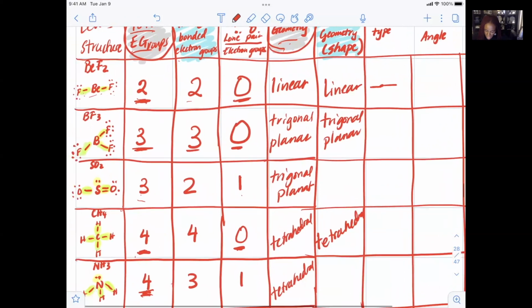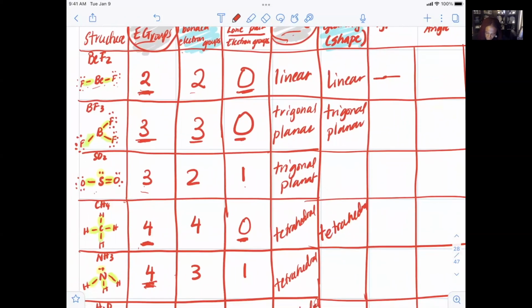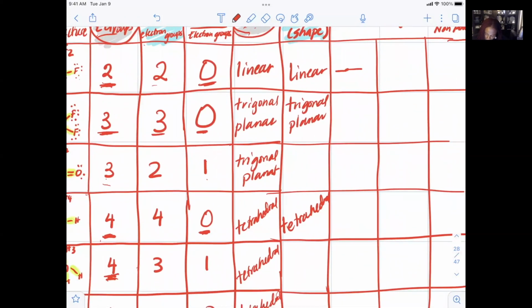Now let's look at the shape of this molecule. So I'm going to go back. Trigonal planar looks like this, right? But now we're told that one of the electron groups is not there. Instead, it is replaced by a lone pair. But remember, when it comes to looking at the molecular geometry or the shape, we ignore the lone pair.